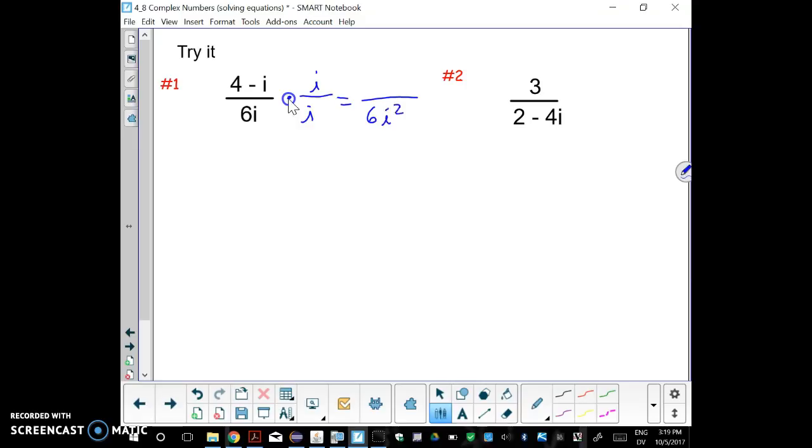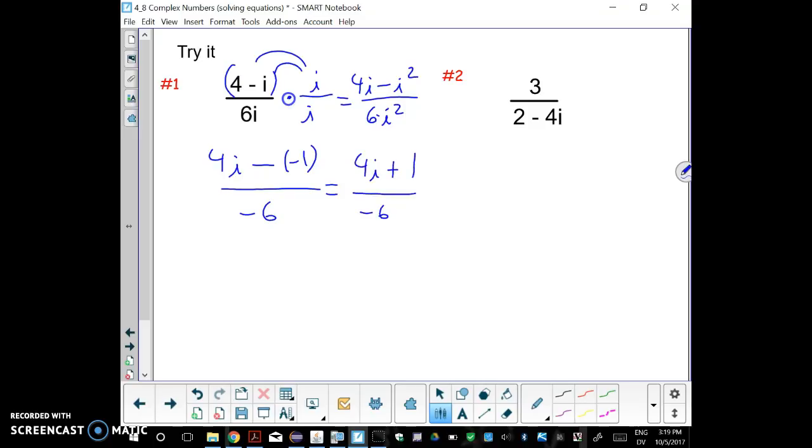In the numerator, when you distribute, you have 4i and then minus i squared. i times i is i squared. So clean it up. i squared is negative 1. So the denominator is like 6 times negative 1. And so we end up with 4i plus 1 over negative 6.